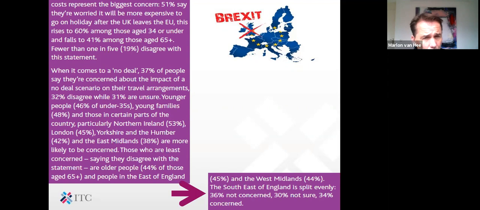But when you go through all the feedback that they got, it's still quite uncertain. I think the younger people from the UK are most concerned about the impacts of the Brexit. There's some regional differences about how people think about what the Brexit will also have an impact on the travel behavior. But again, Brexit is still surrounded by a lot of unanswered questions, because we still don't know how they're exactly going to leave the European Union. So again, we need to keep an eye on this.